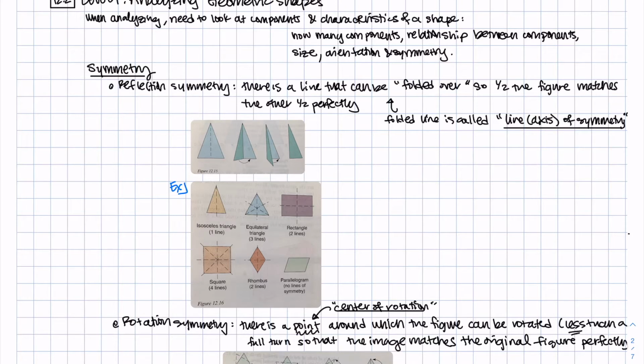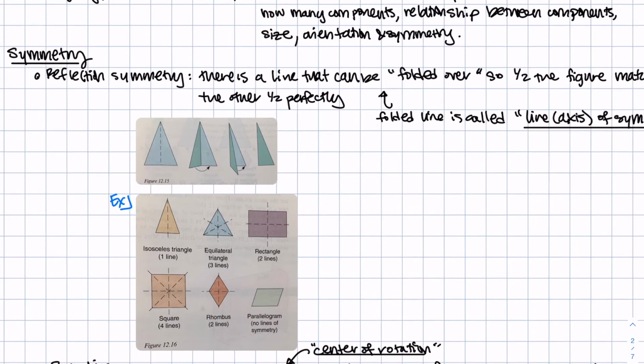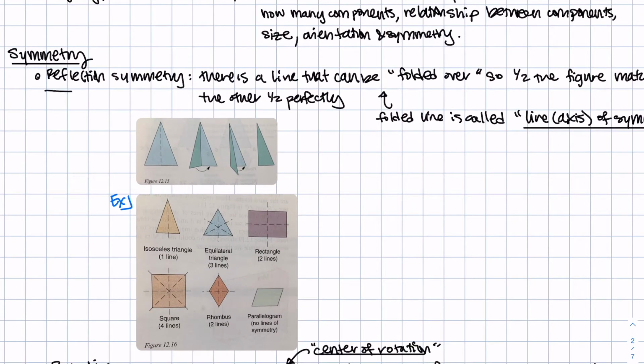So the first thing we want to talk about before diving into more details about level 1 is one of the things that shows up here is symmetry. And so there are 2 ways we can identify symmetry. And the first type of symmetry we have is called reflection symmetry.